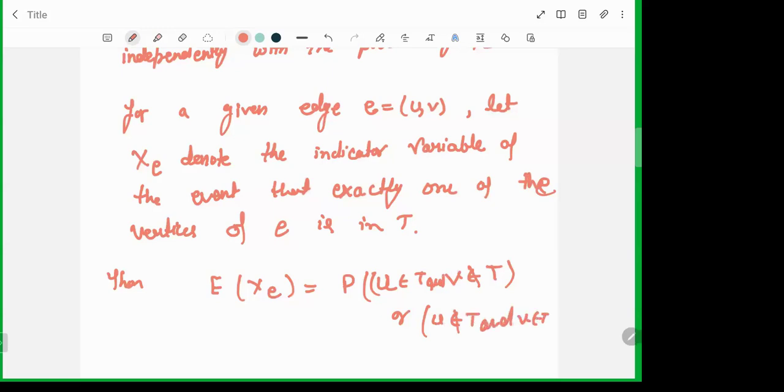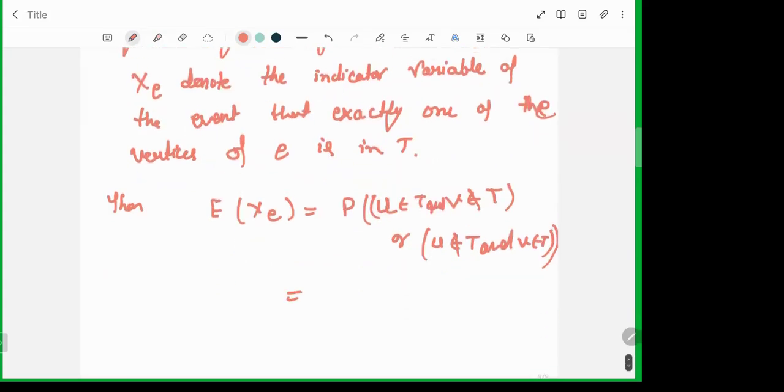Because exactly one of them should be in T. So this is the probability of having u in T, 1 by 2, and the probability of v not in T is again 1 by 2, plus the probability of u not in T is 1 by 2, and this is again 1 by 2. So this is basically 1 by 4 plus 1 by 4, that is 2 by 4, that is 1 by 2, right?